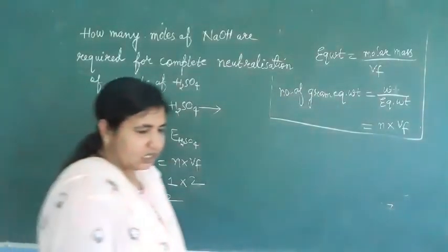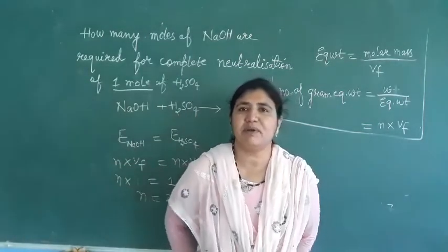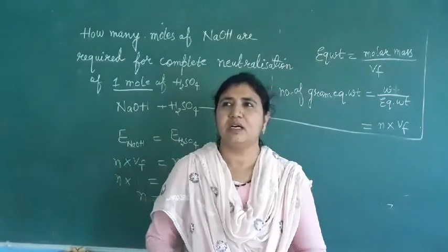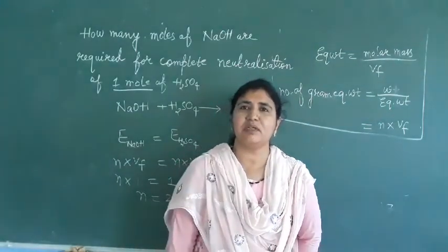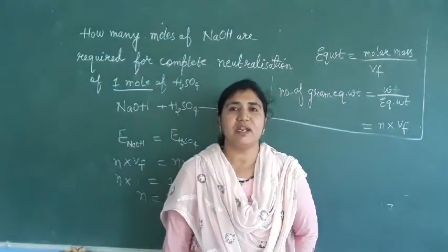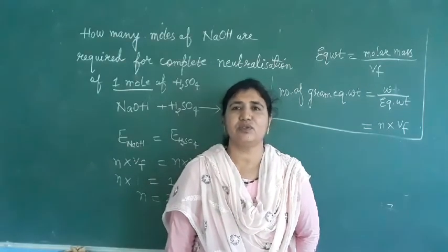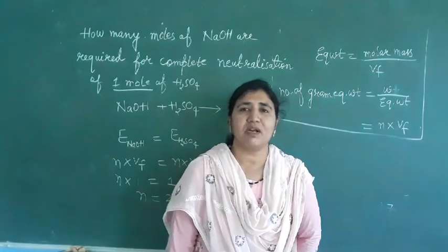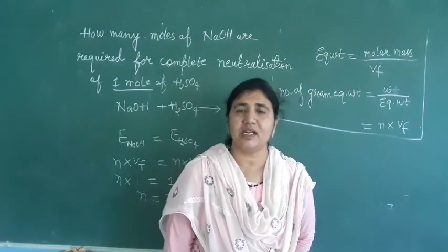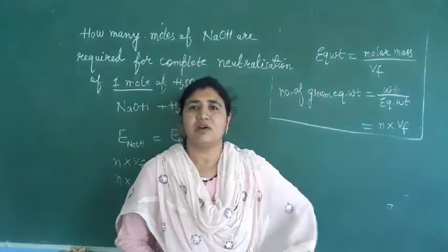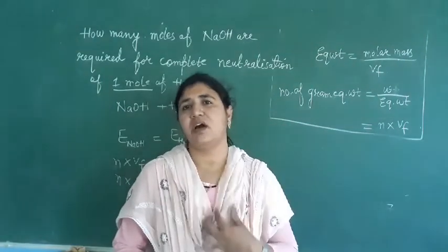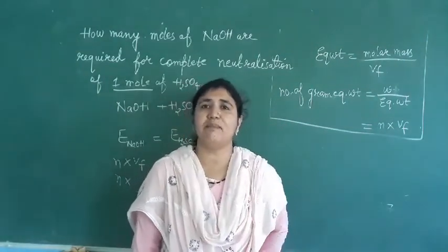Okay, so these all are about the problems based on the number of gram equivalent weight. I have not explained to you how to find out equivalent weight for oxidizing agent and reducing agent. Okay, for that you should know the oxidation number. One full lesson we have on redox reaction. In that you will have oxidizing agent, reducing agent, how to find out the oxidation number.